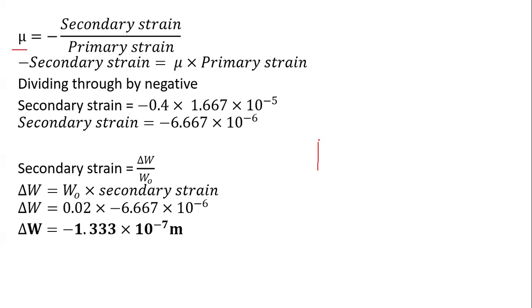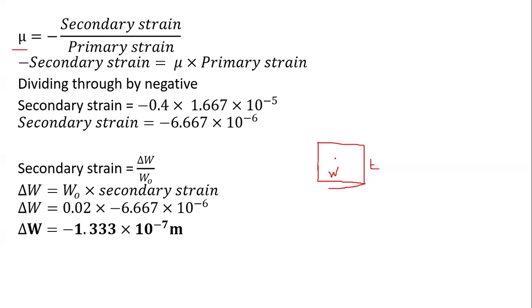This is the same thing we are going to do even for the thickness, because both the thickness and the width are in the cross section. Here, this is the thickness and that is the width. Both of them are being handled by the same strain because it's along the cross-section of the material. The only different one is the length, which we found on its own. It's the one that makes use of the primary strain.